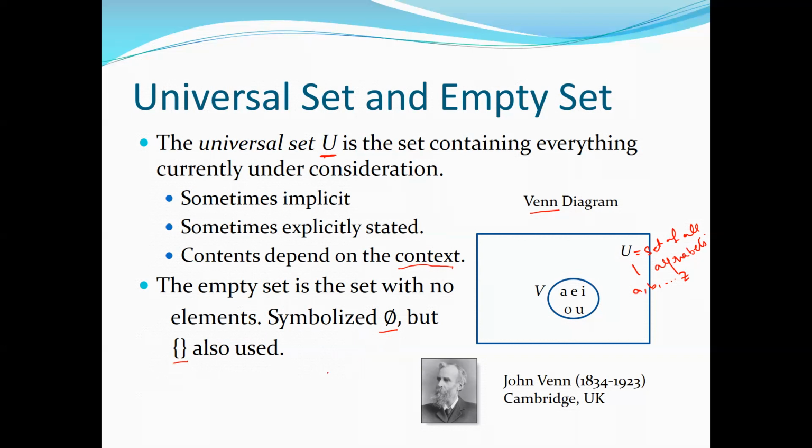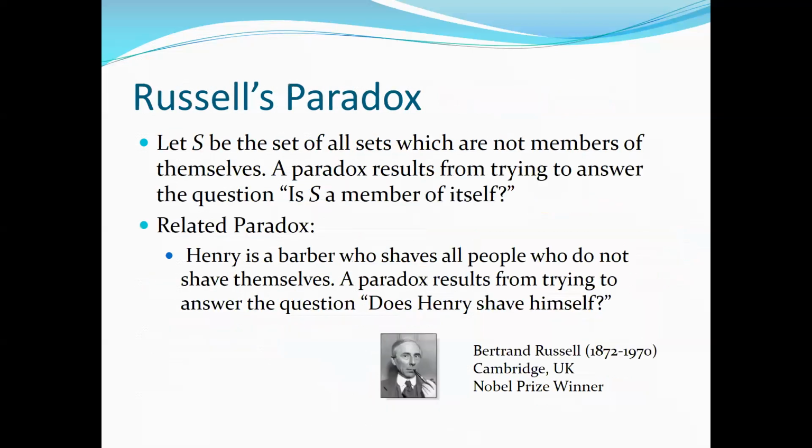But remember, these two things are different. This phi sign represents the empty set, and this also represents the empty set, but this other one does not represent the empty set. This means the set that contains an empty set, right? So the definition is different. This is different from the above two symbols, right?